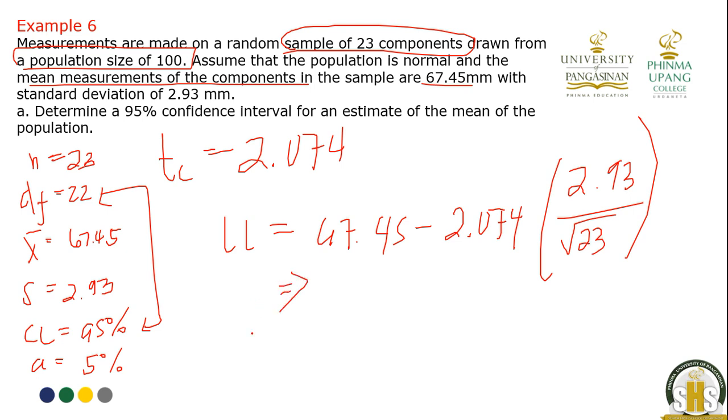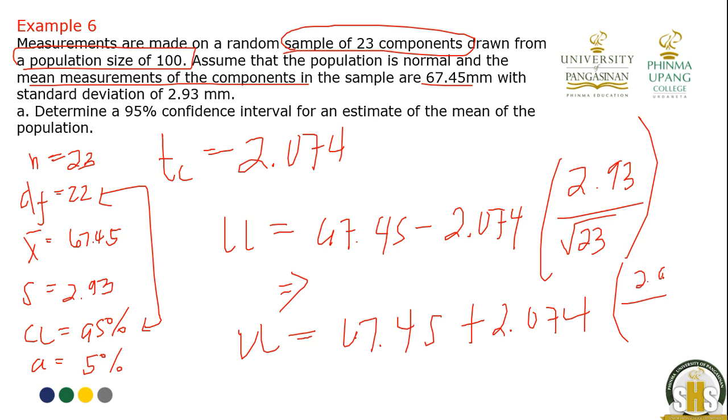So can you please give me the LL? Answer for LL? 66.18. And UL? 67.45 plus 2.074, 2.93 square root of 23.